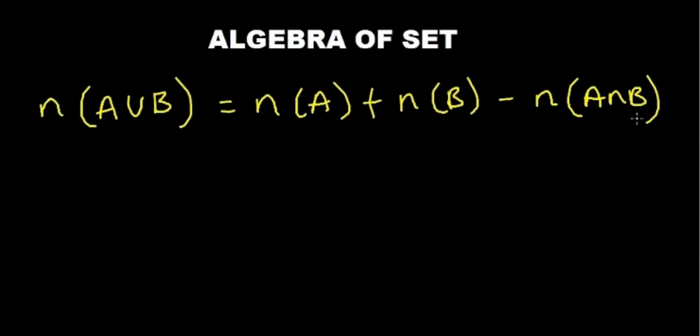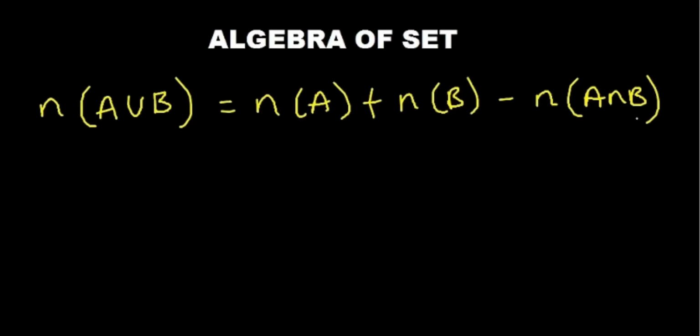This formula is very, very important for you to deal with set questions. Whenever you're given a union of two sets and you want to get probably the intersection, you can state this theorem to approach it.